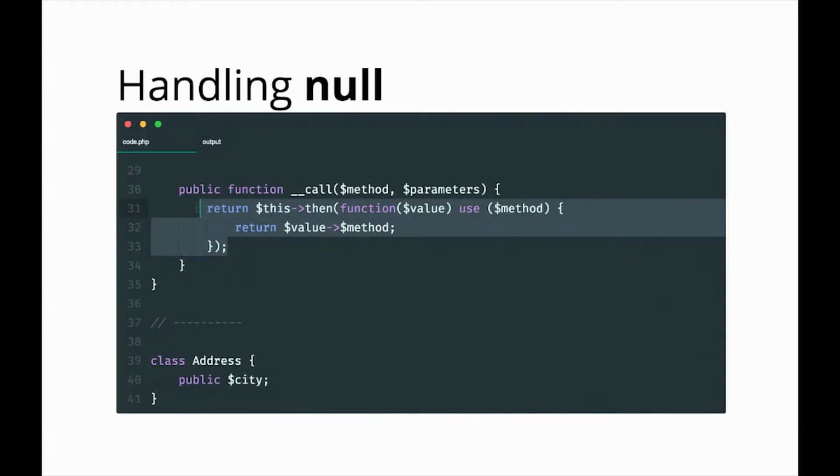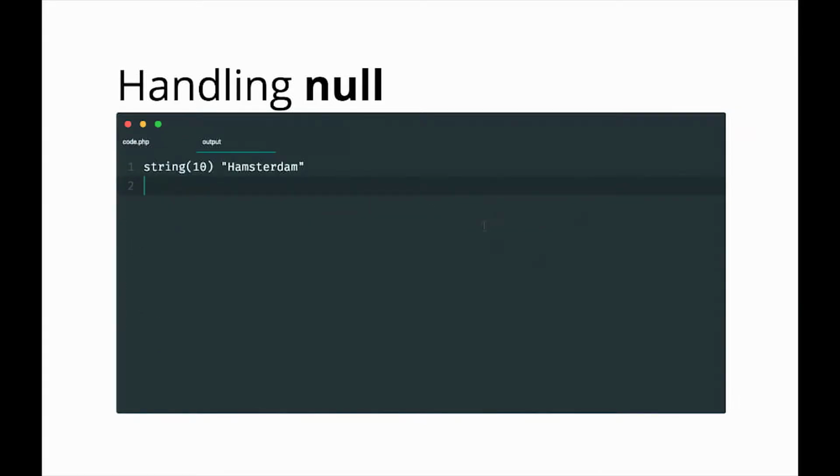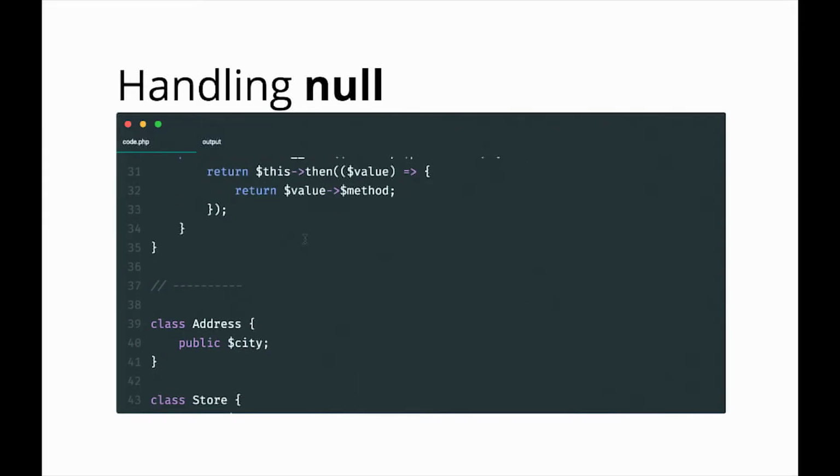But as a shortcut, if I know the name of the property I want to look at, I don't want to have to type a then, even though I have the ability to still do that. I would rather call a method and have that proxy to an implicit then call. It's just a bit of syntactic sugar. This is another reason why I use short closures, by the way, which I'd love to talk to you about at some point. But that would still work if I used short closures there.